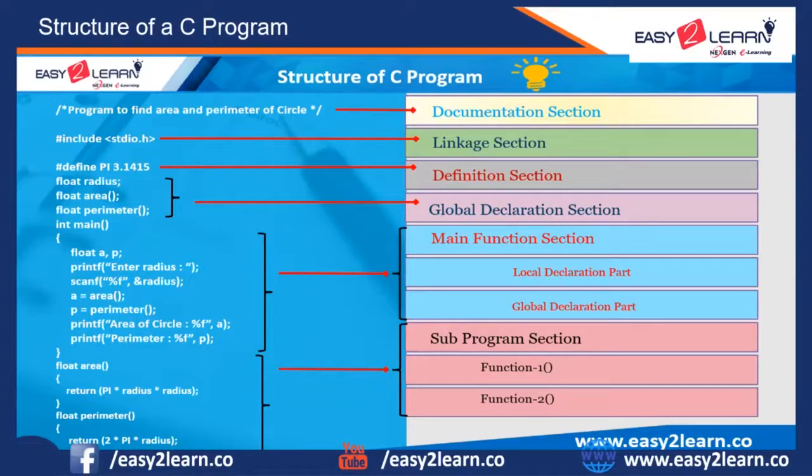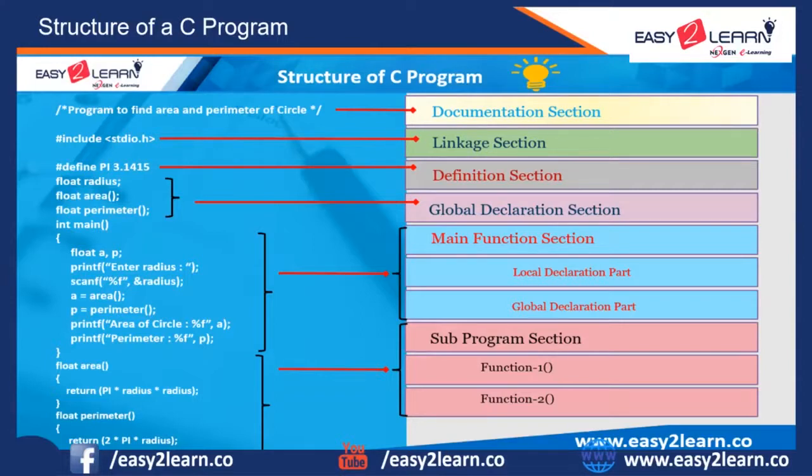Main function section. In the C programming language, we can create or call user-defined functions or predefined functions. But whatever you create, the program starts to execute with the main method.